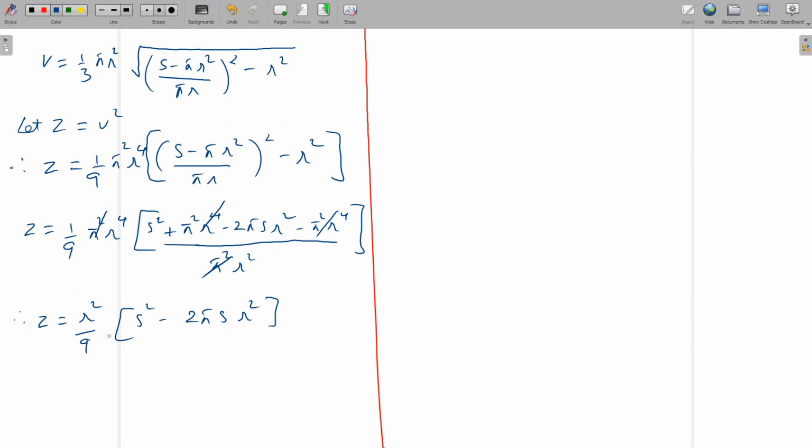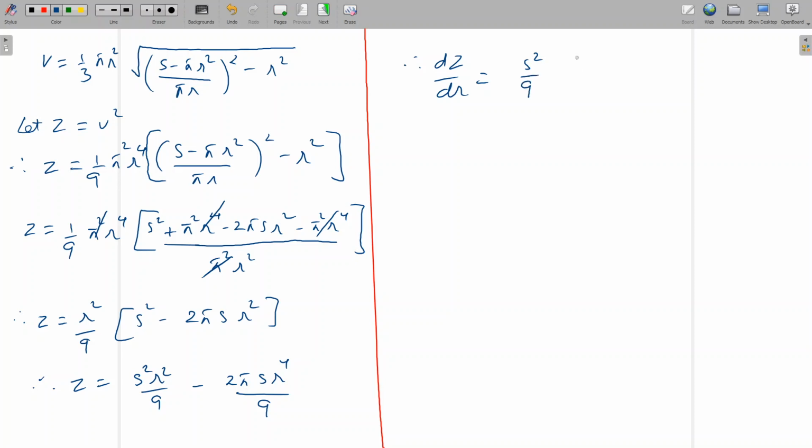And if we keep it like this, then when we differentiate Z, we will have to use the f into g rule. So it's better we multiply R square with all the terms inside the bracket. Therefore, Z equal to S square into R square by 9 minus 2 pi S into R raised to 4 by 9. So now for maxima or minima, we will have to differentiate Z. So therefore, dZ by dR equal to S square by 9 is constant, so it will stay as it is.